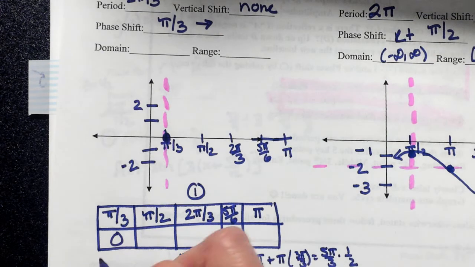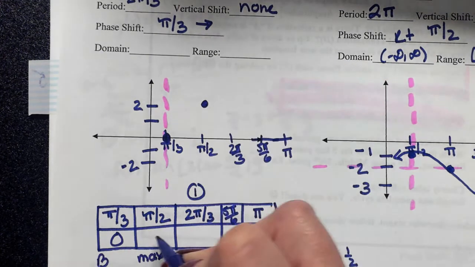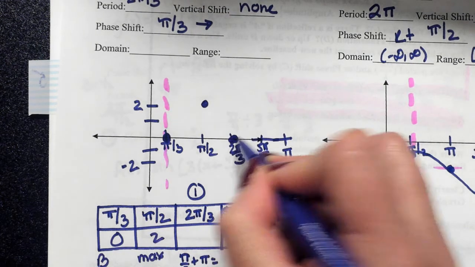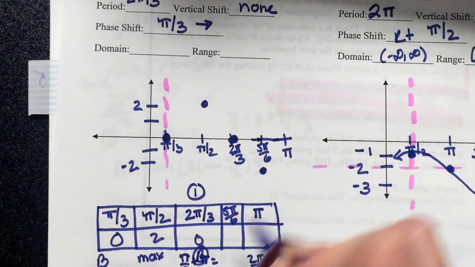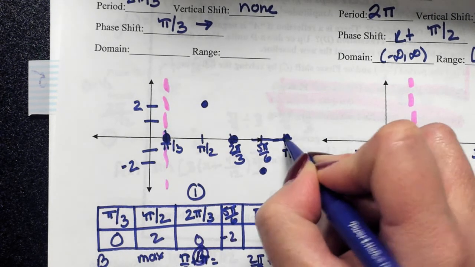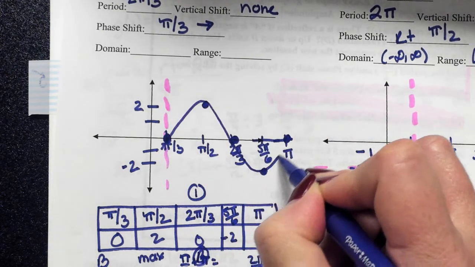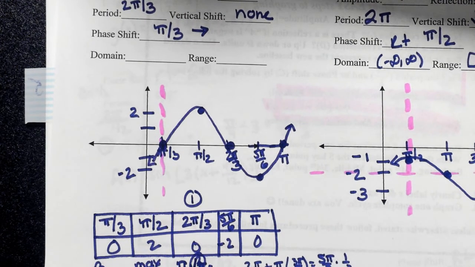Then I'm going to go to the maximum. So at pi over 2, I'll go to 2. Then I go back to the baseline at 2 pi over 3, which is 0. Minimum at 5 pi over 6 is negative 2. And then finally I end up at the baseline. So there's that sine curve with the phase shift.